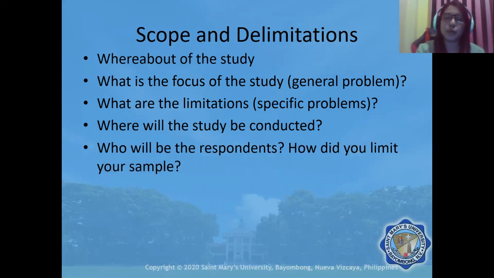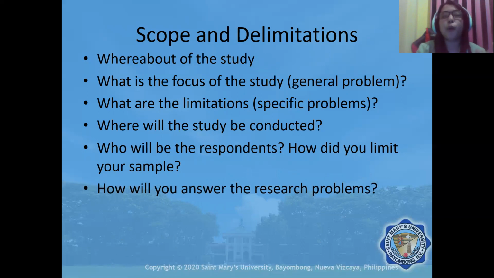How did you limit your sample? Usually, it is very ambitious or very difficult to conduct a study involving the whole population. So if you're not going to include the whole population, how will you limit your respondents, subjects, or participants of the study?